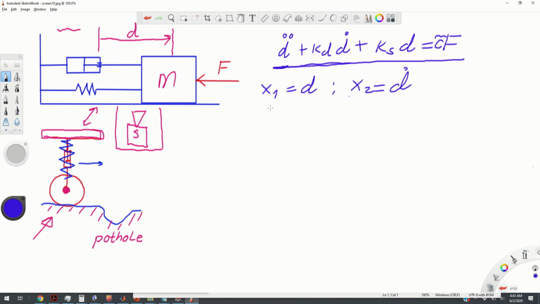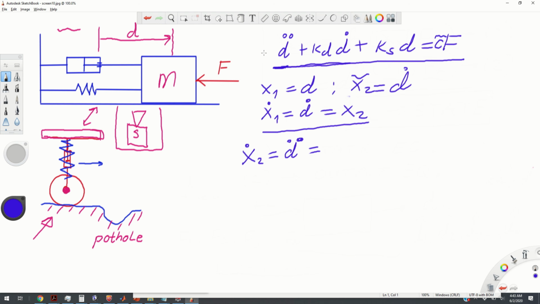Now, if we take the first derivative of x1, we obtain d dot, and from this equation, this is equal to x2. So this is our first state equation. The second state equation is obtained by taking the first derivative of x2 dot. This is equal to d double dot.